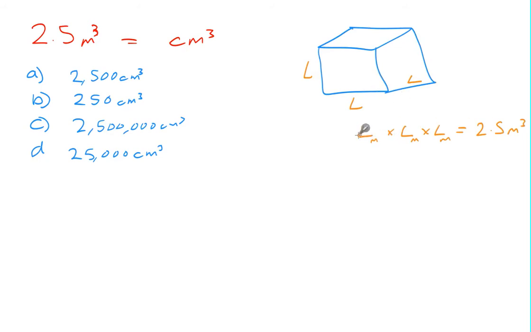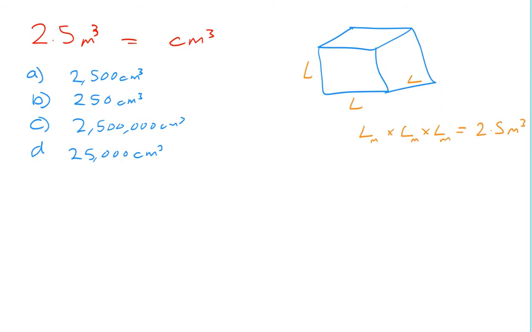Now it's important to know that if we multiply the 3 of these numbers together, we get 2.5. But this is in meters, and we want to do things in centimeters. If we were to look for the actual estimate of the value of L, let's bring in a calculator.